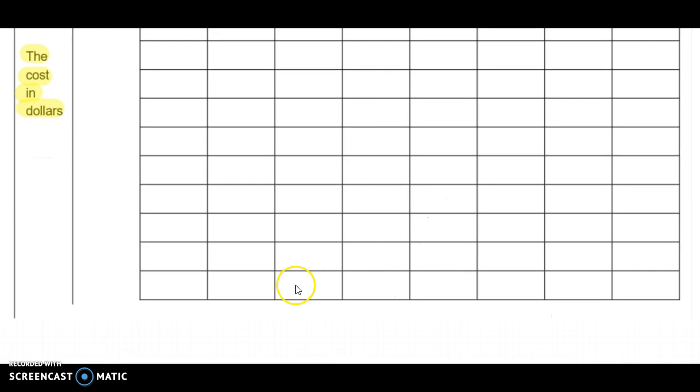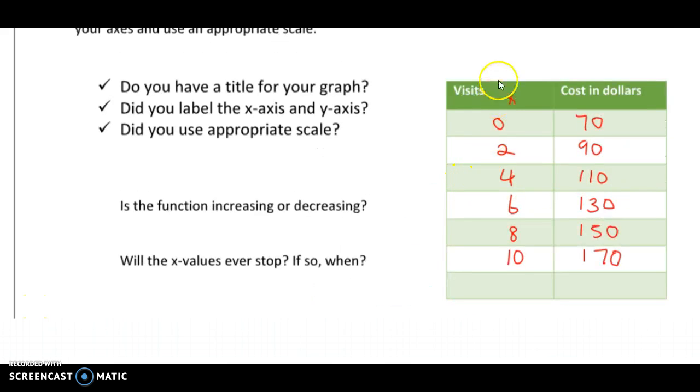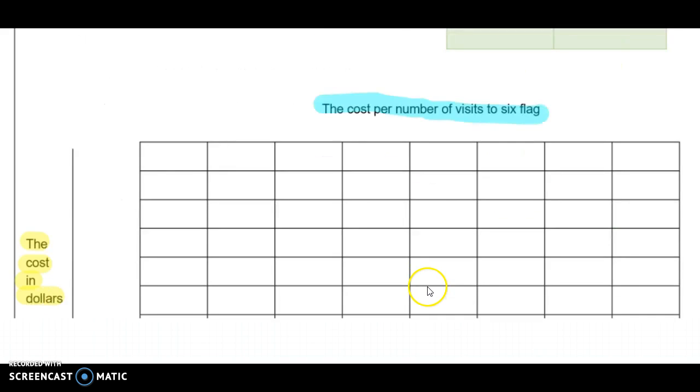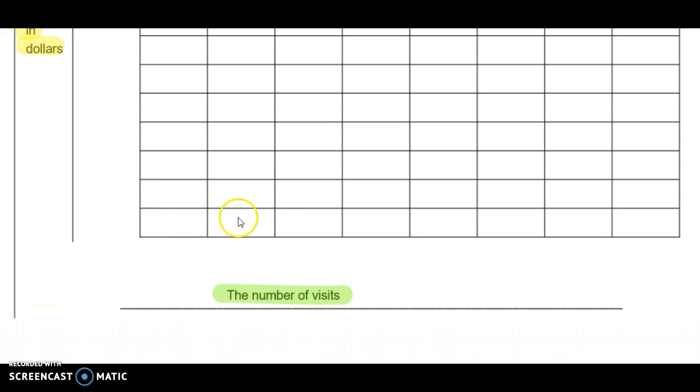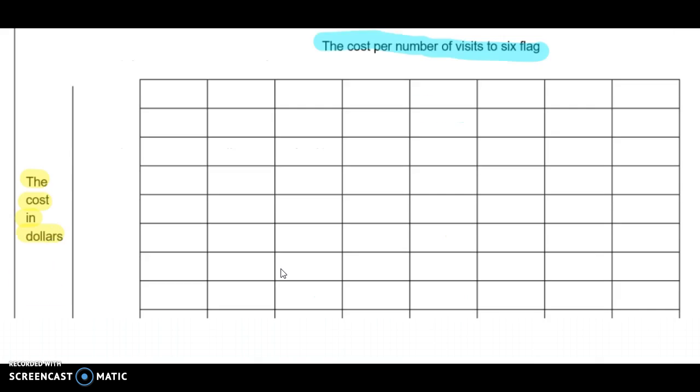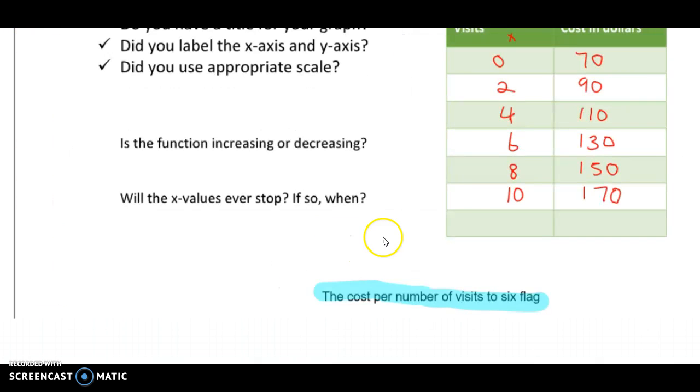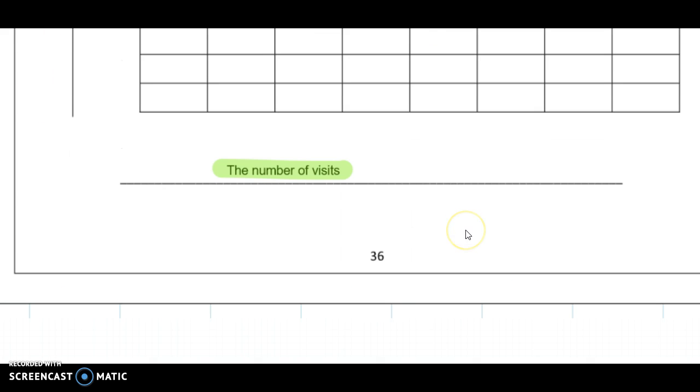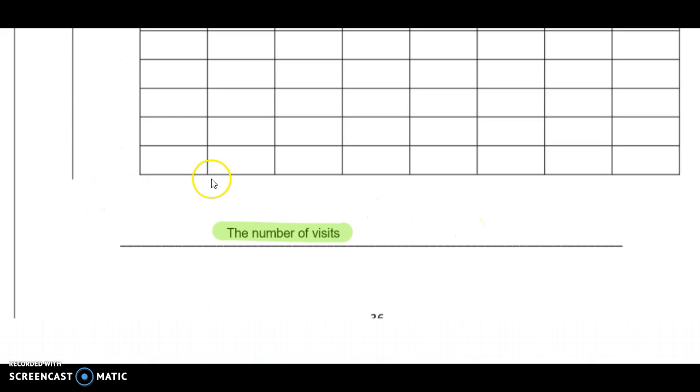So on our x-axis, we need to label visits. Our visits range from 0 to 10. Look at our columns. We have 1, 2, 3, 4, 5, 6, 7, 8 columns. So we could go by 1, but then we won't have enough for 10 if you really want to plot all those 10 points. So we could go by 2.